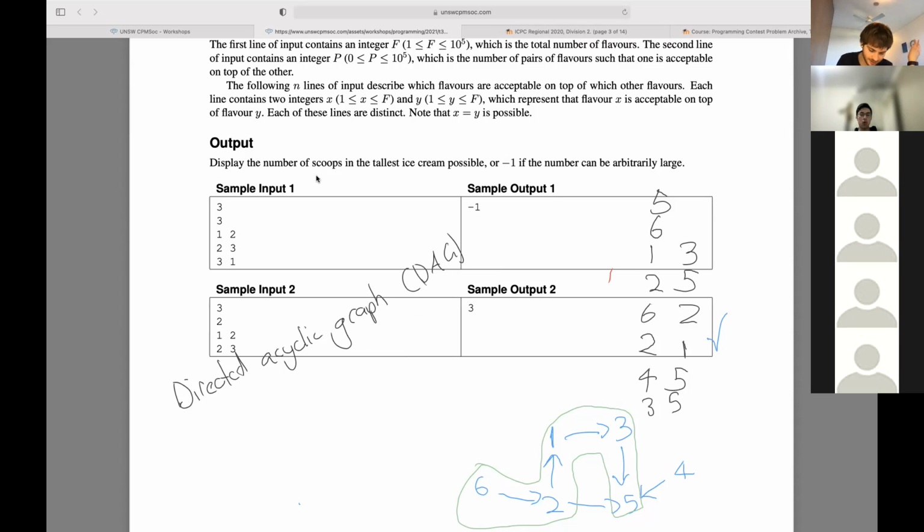Acyclic means no cycle, and graph is just the structure we have here. This is a DAG, for example. There's no cycle in it. And the problem is now the longest path in a DAG.